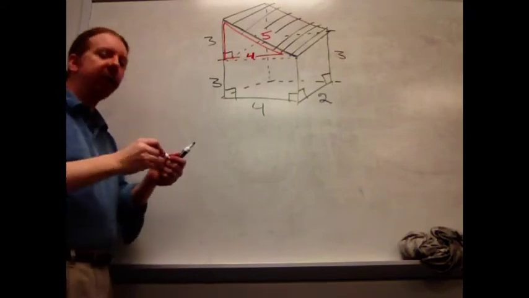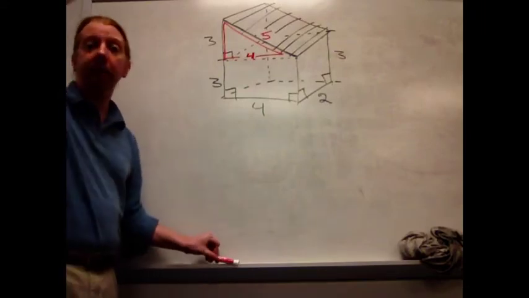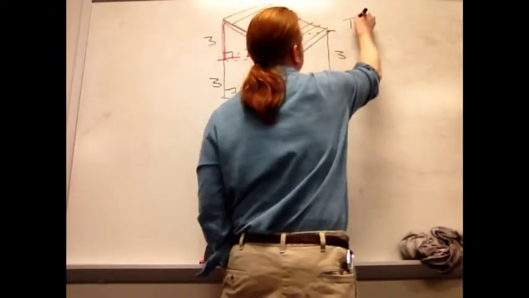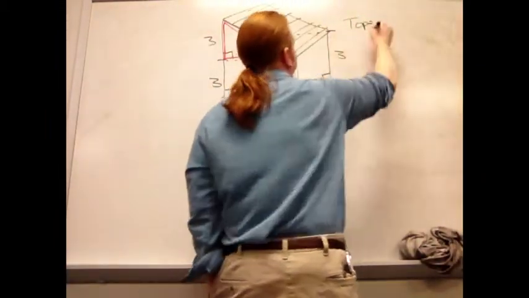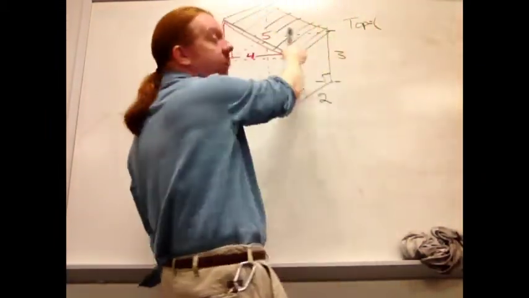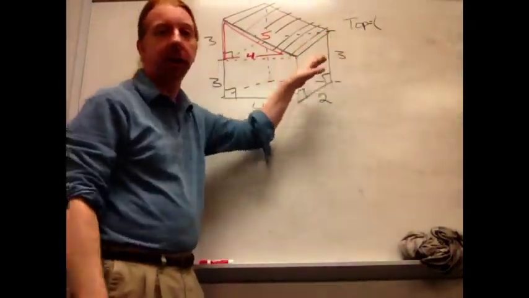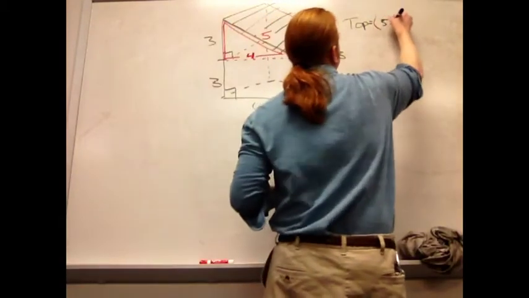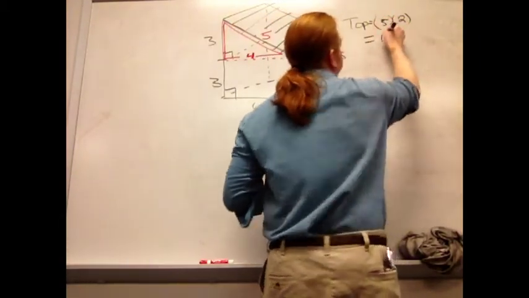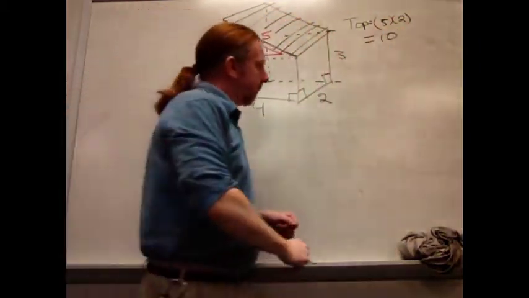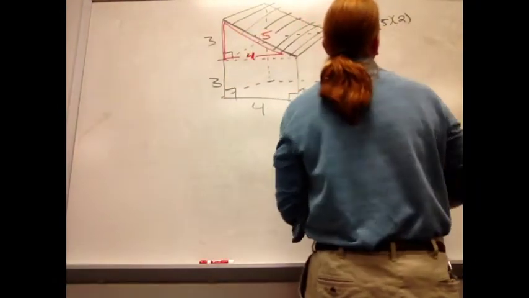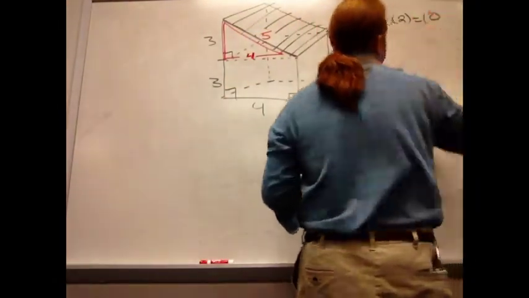With that information in hand, I can now find the area of that top piece. It's a rectangle, and it's going to be 5 units along this edge here, 2 units along here. So 5 by 2, which is 10. I'll keep a tally off to the side because I've got 6 items I need to write down.